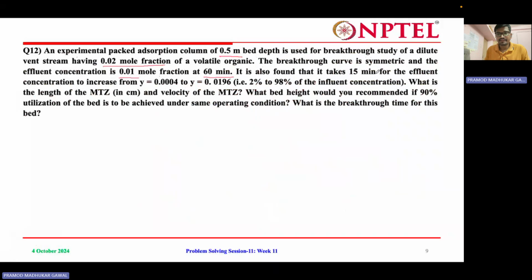It is also found that it takes 15 minutes for the effluent concentration to increase from 0.004 to 0.0196, that is, 2% to 98% of the feed concentration. What is the length of the MTZ in centimeter and the velocity of the mass transfer zone? Then what bed height would you recommend if 90% utilization of the bed is to be achieved under the same operating conditions? What is the breakthrough time for this bed?